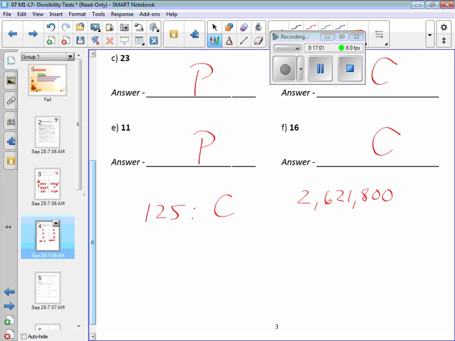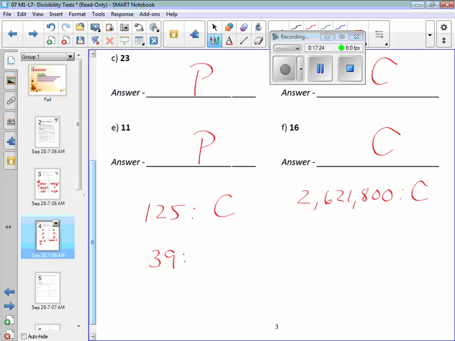Composite or prime? Prime or composite? Composite.